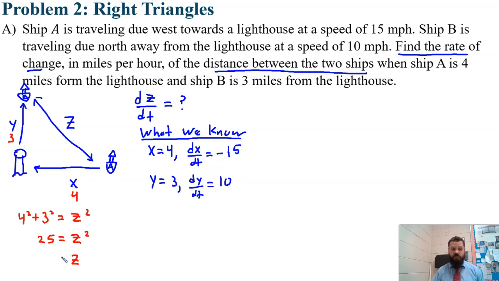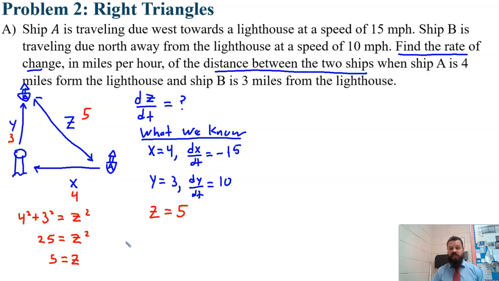Square root, we end up with z is equal to just 5. Again, something to recognize, this is just my 3, 4, 5 right triangle. Just like that's going to show up on an ACT for you, I guarantee it shows up somewhere on the 3-hour-long AP exam. So we also have that z, which we weren't given, but we can solve for. And I'd say we also want dz over dt, but that's what we're looking for, so we'll save that for our next step here.